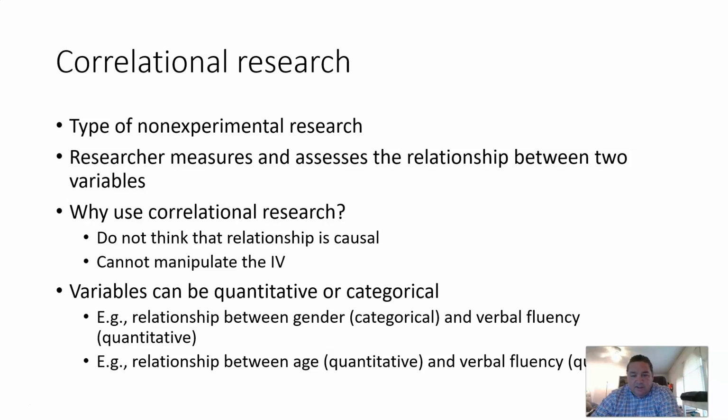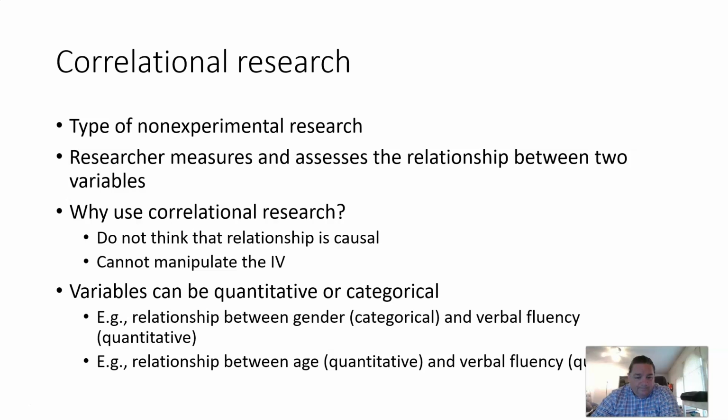The thing that you're looking at, does socioeconomic status influence graduation rates, for instance? You can't manipulate that, but there are gradations already naturally occurring. So that would be a time to use correlational research. Variables can be quantitative or categorical.